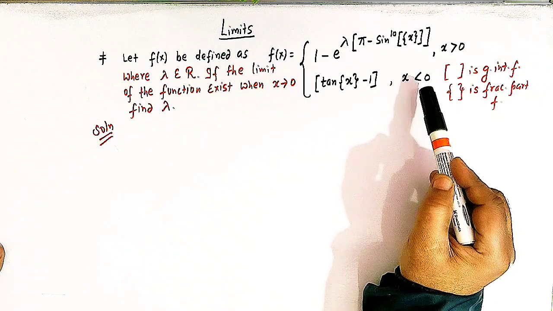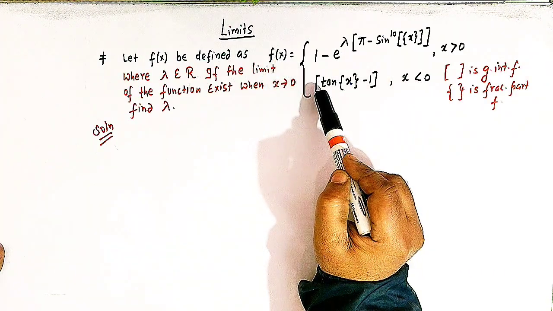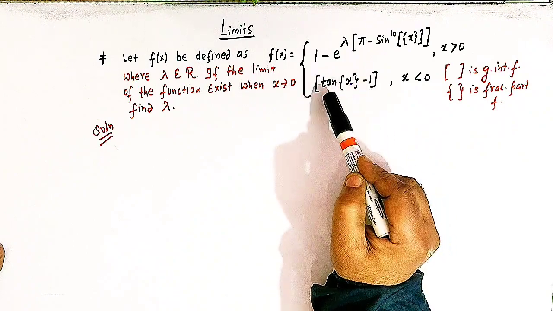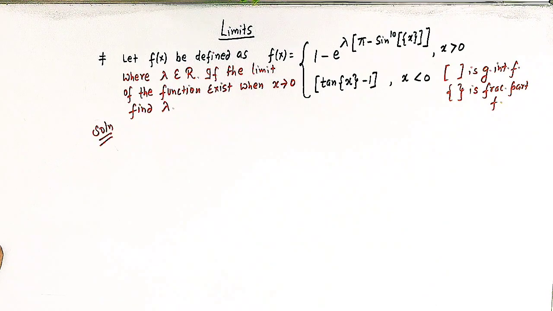And for x less than 0, we are given f of x is equal to the greatest integer of tan of the fractional part of x minus 1.